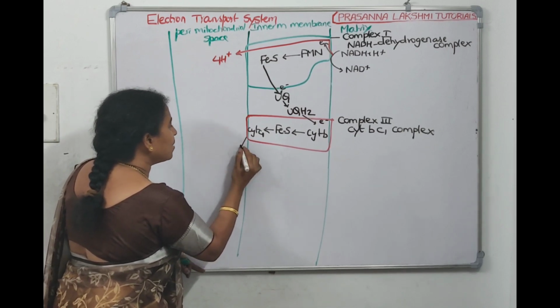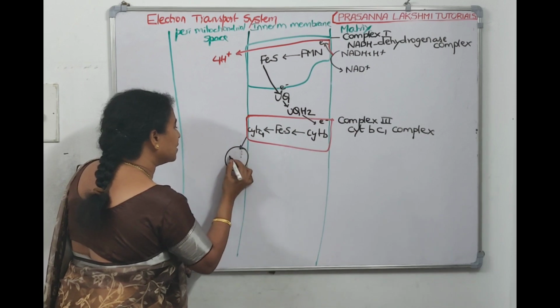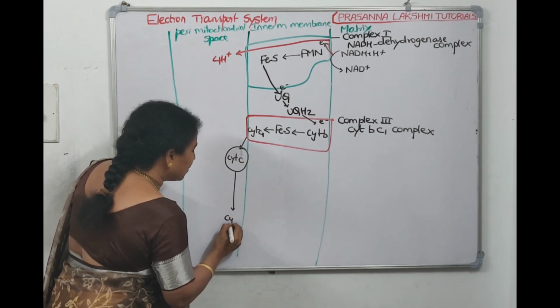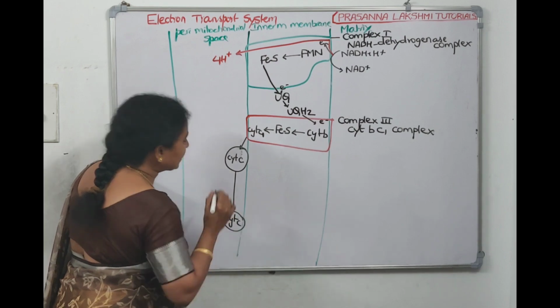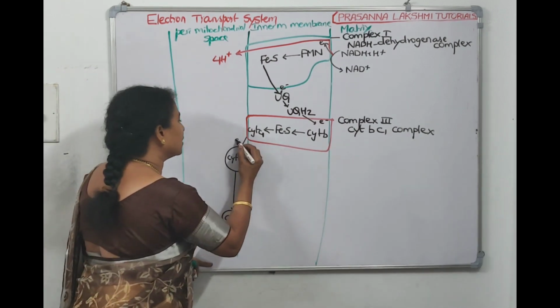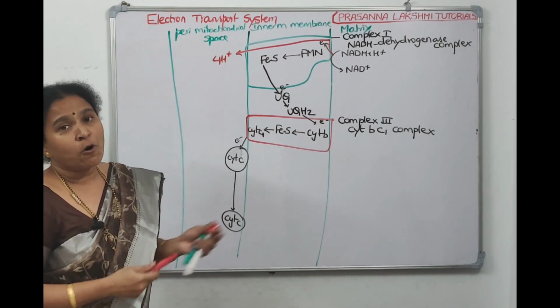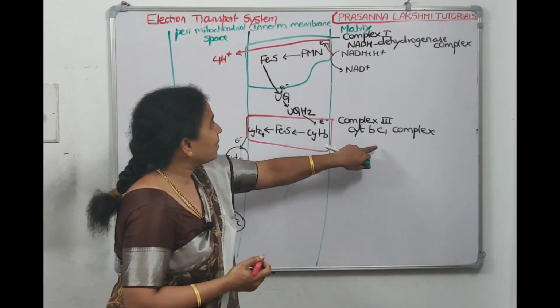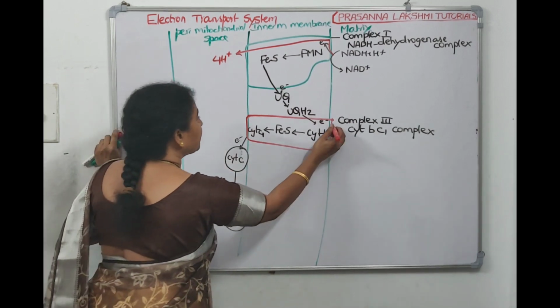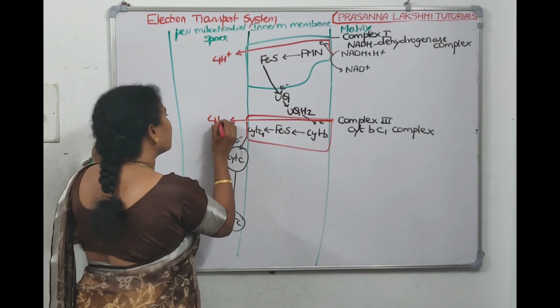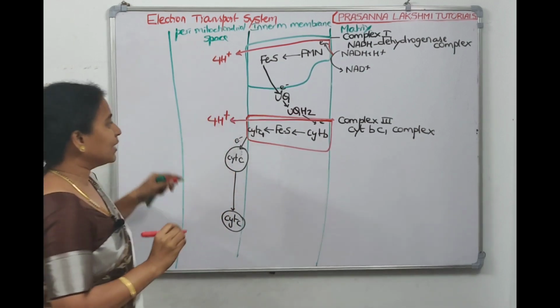The name of the mobile carrier present here is cytochrome C, right? It gives the electrons. Here also, from complex 3, 4 protons are released into the space, so 4 protons get accumulated in the space.